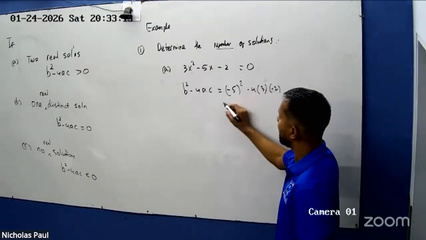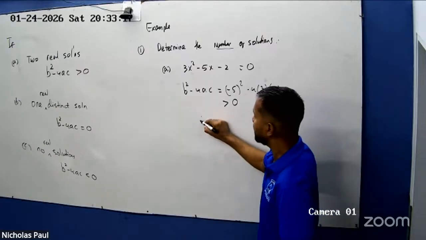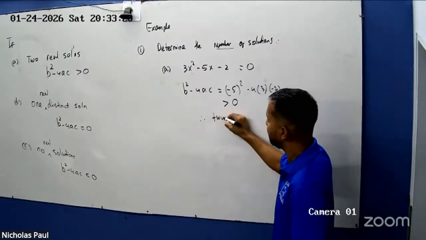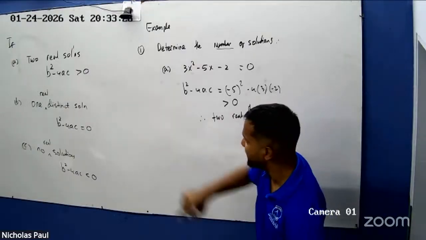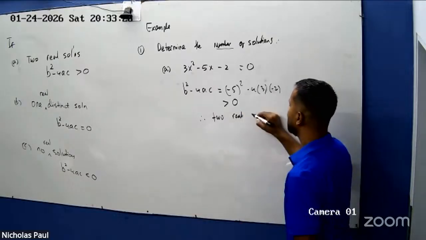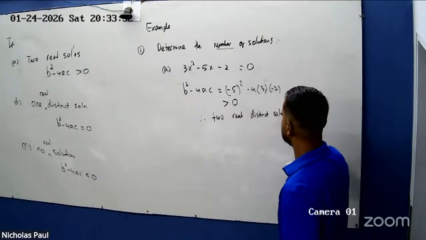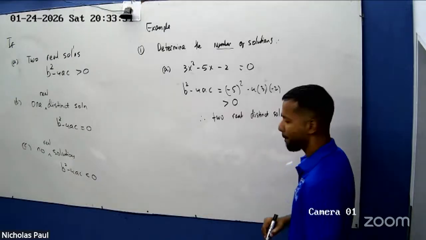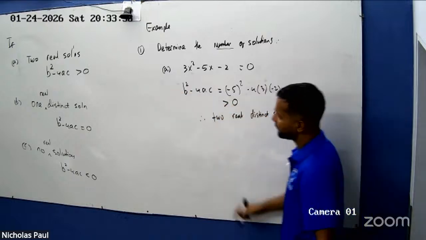If you work this out, you will get something more than 0. So you will just tell me two real and distinct solutions. Just remember to include the word distinct.